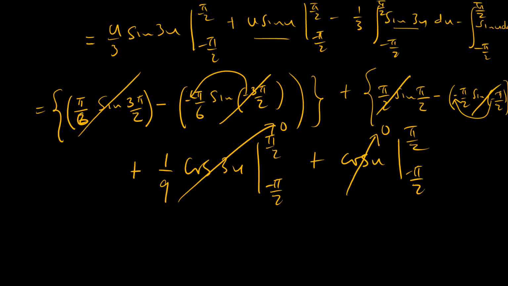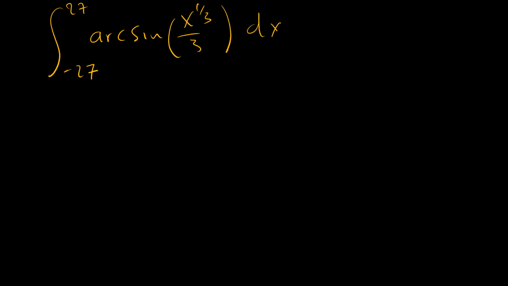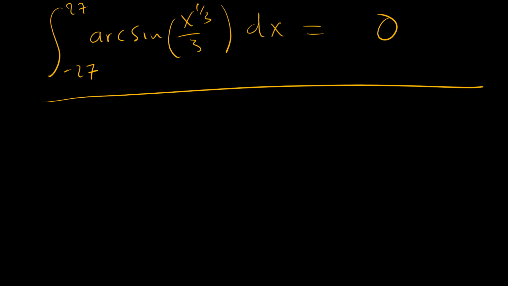So this entire thing boils down to 0, and we can authoritatively say that integrating from negative 27 to positive 27 of arcsine of x to the power of one third over 3 is equal to 0. So, that is our answer.